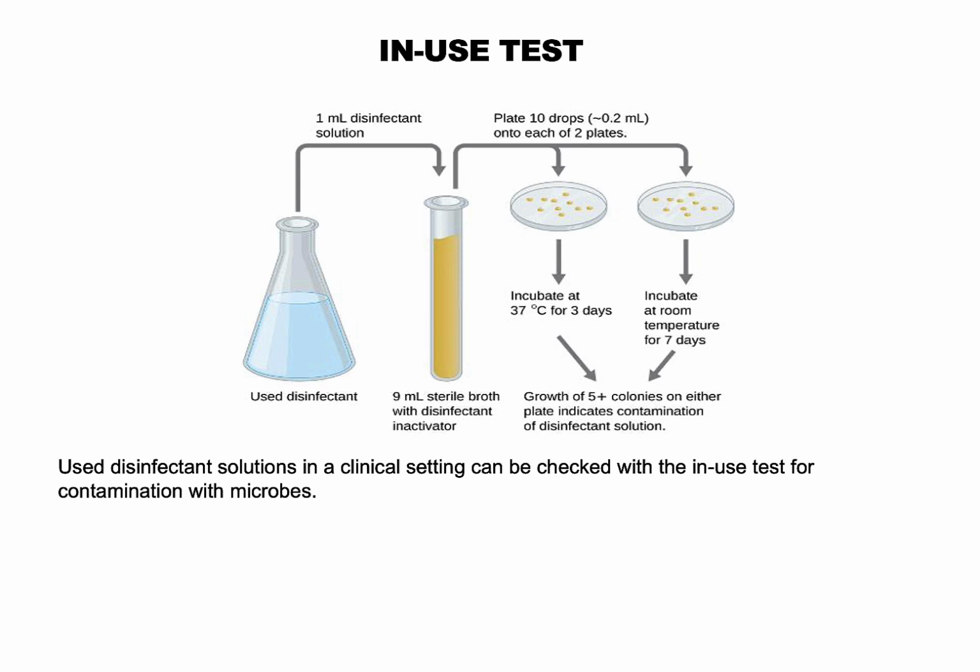The growth of 5 or more colonies on either plate indicates the presence of viable microbes, suggesting the disinfectant solution is contaminated. These tests are crucial for monitoring disinfectant effectiveness in clinical environments.